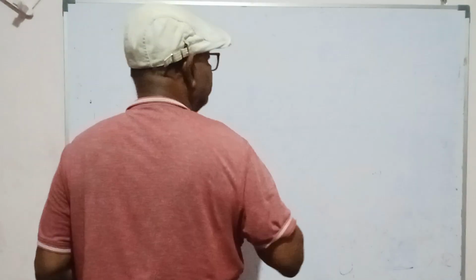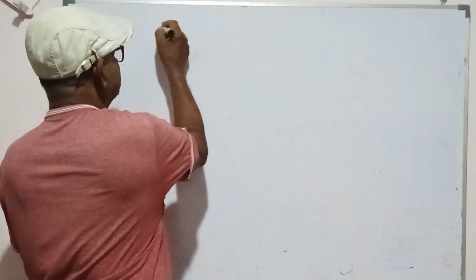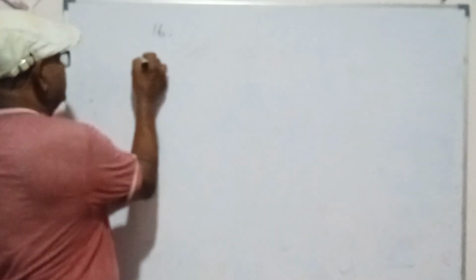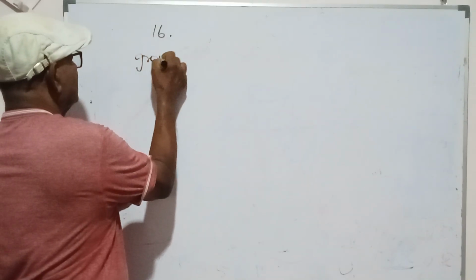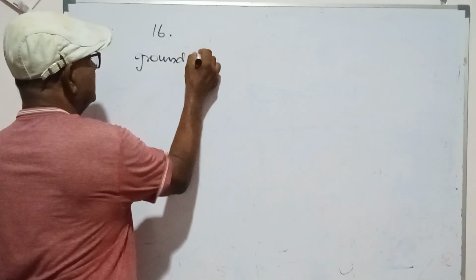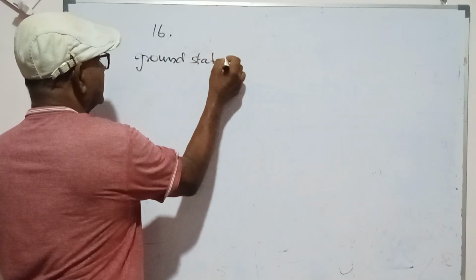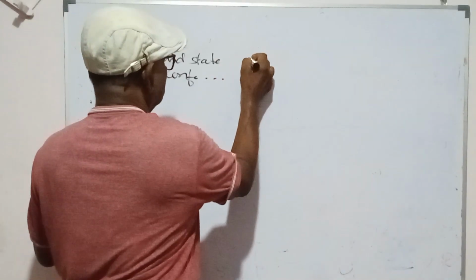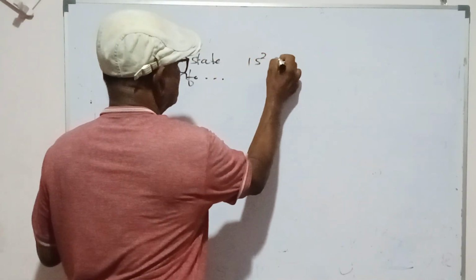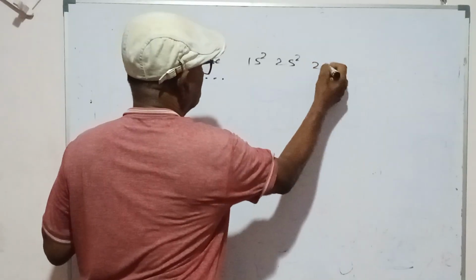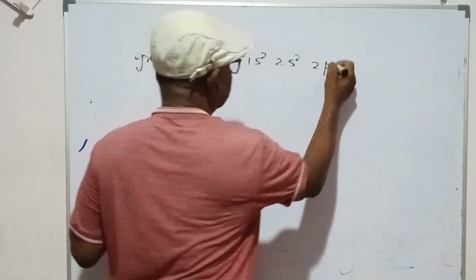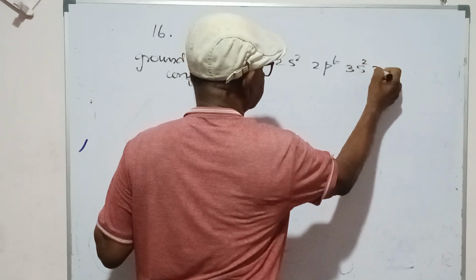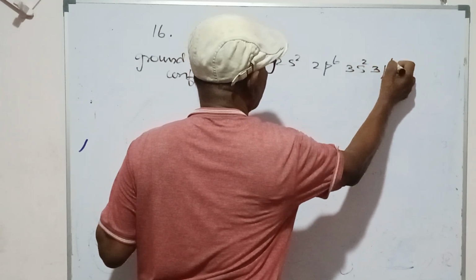What is the atomic number of sulfur? 16. Ground state configuration: 1s2, 2s2, 2p6, 3s2, 3p4.